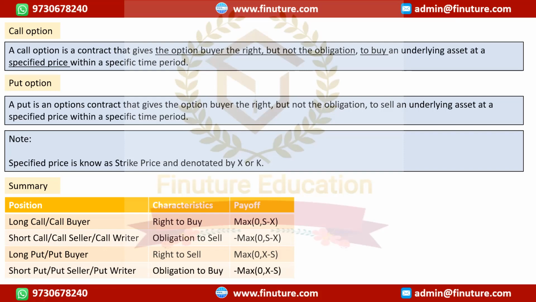So the call option seller has an obligation to sell, because when your long party comes to you and says, I want to exercise my option contract and buy at the strike price that we agreed during the call option contract, the call option seller specifically has an obligation to meet that agreement he made when he sold the call option.